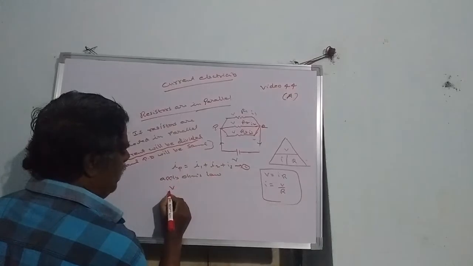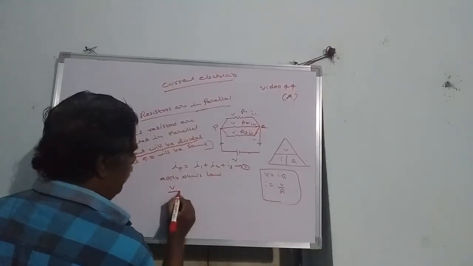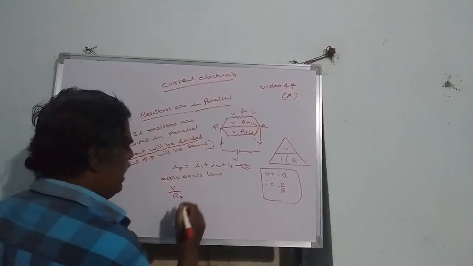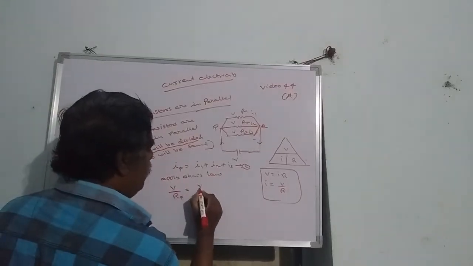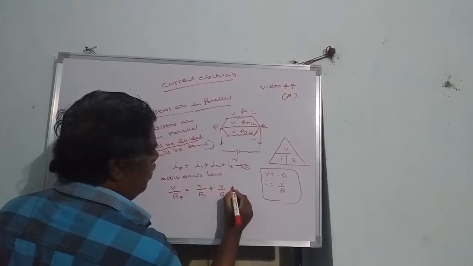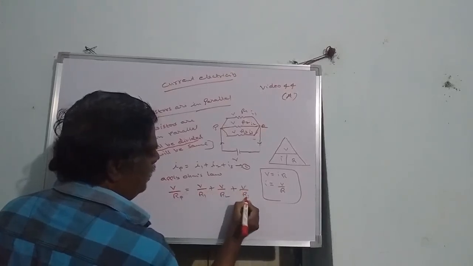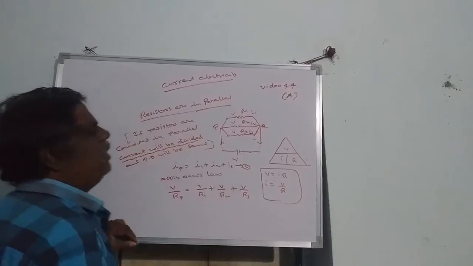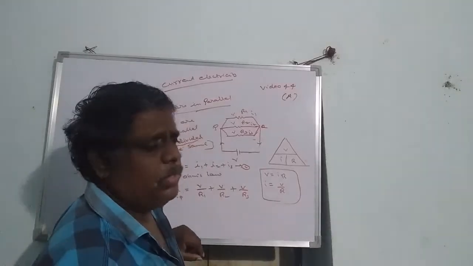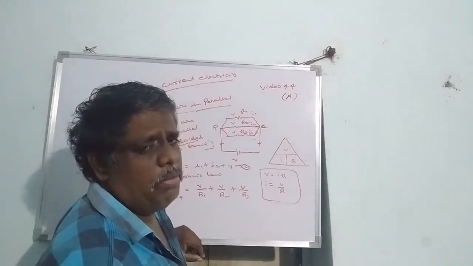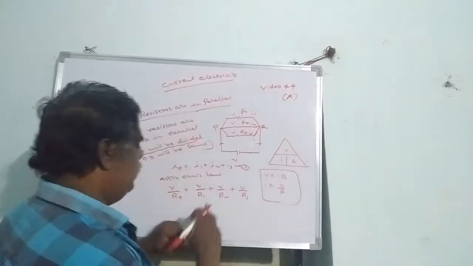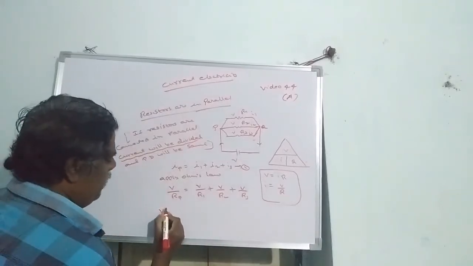Apply Ohm's law here. I is equal to V by R suffix P, where P indicates parallel combination. So V by Rp is equal to V by R1 plus V by R2 plus V by R3, because V will be the same. The total potential will be equal to V, so across each resistor the potential will not be divided. It will be the same at any resistor. So take out V as common.